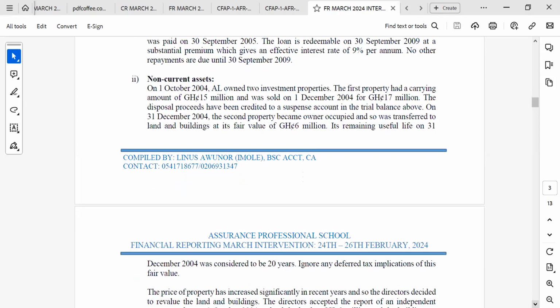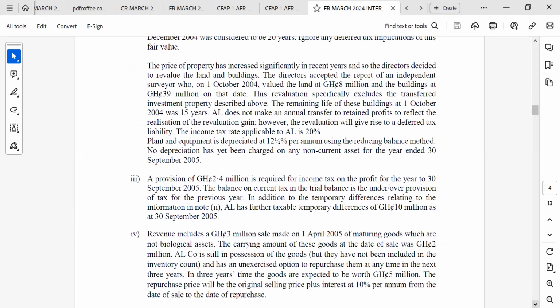Let's now come to the third note. A provision of 2.4 million cedis is required on income tax on the profit for the year to 30 September 2005.